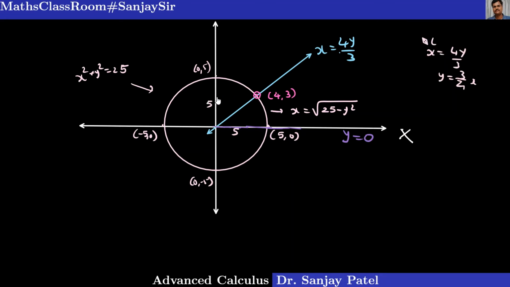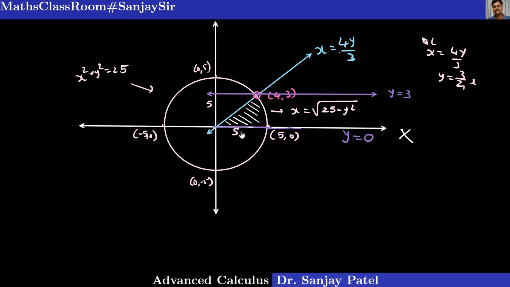So I should take this line. So this is the line y is equal to 3. So our region of integration is the area enclosed between y is equal to 0, y is equal to 3, the straight line x equal to 4y by 3 and this circle. It is in this first quadrant. So this is the region of integration.